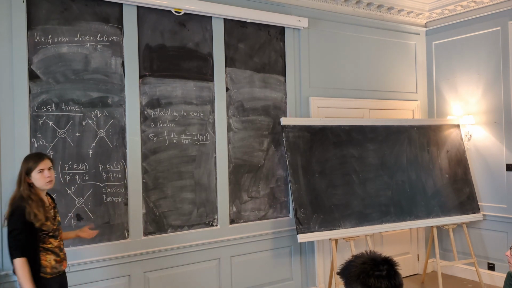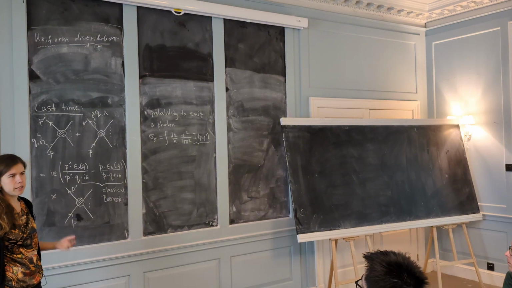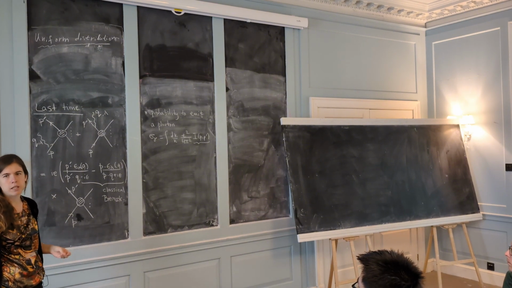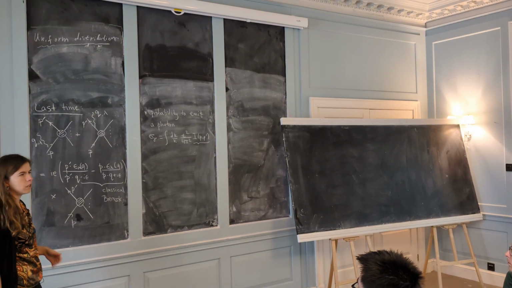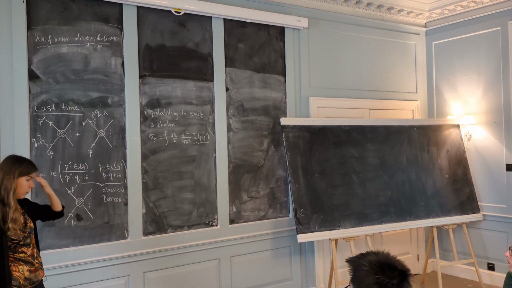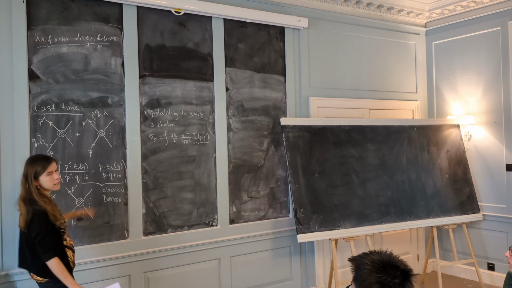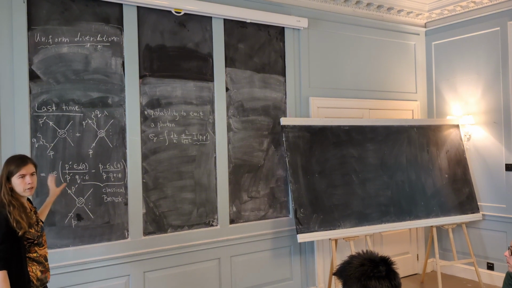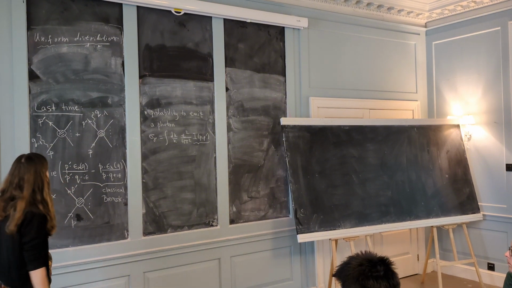And for simplicity, we looked at scalar QED, and we're going to continue doing this today. This was just a simplification in order not to have to carry around these spinors and use more complicated identities. But qualitatively, everything is the same in QED, and you can read about it in Peskin.